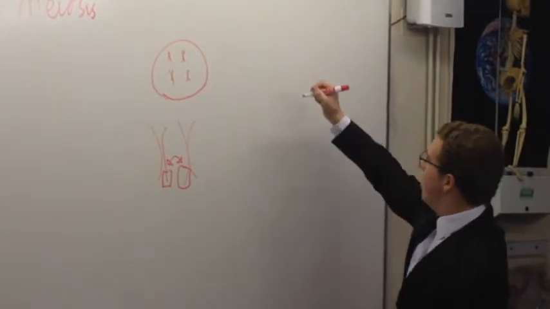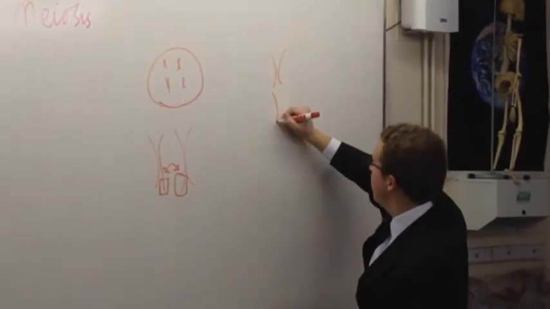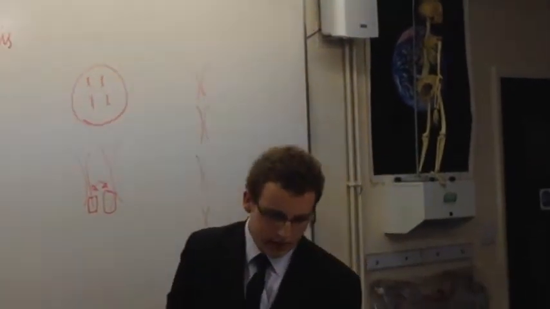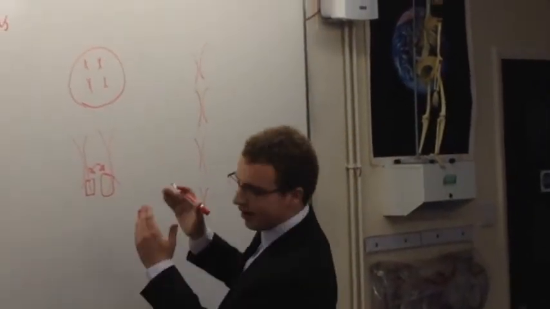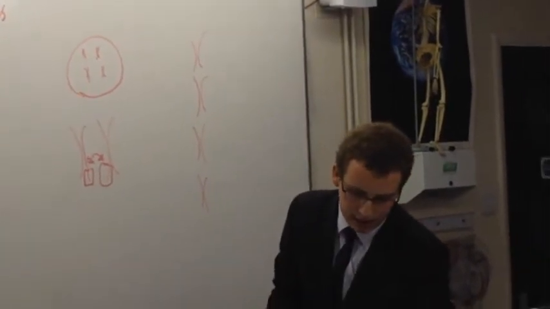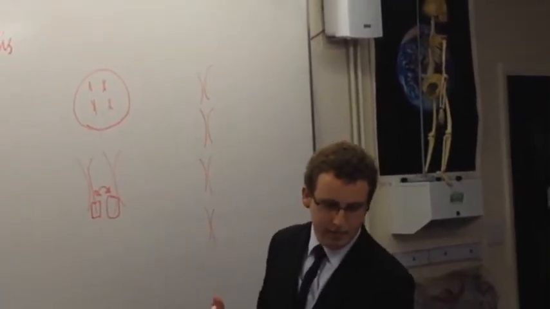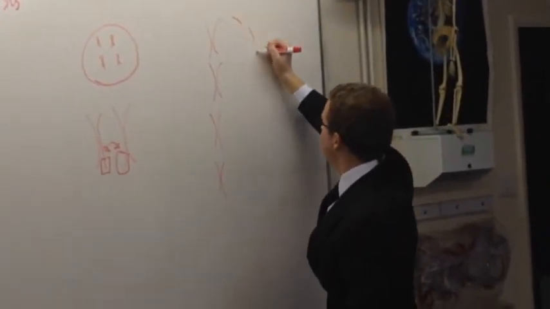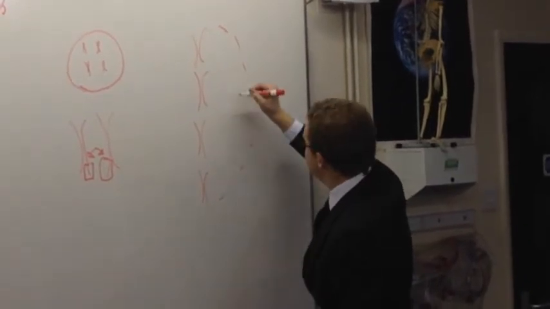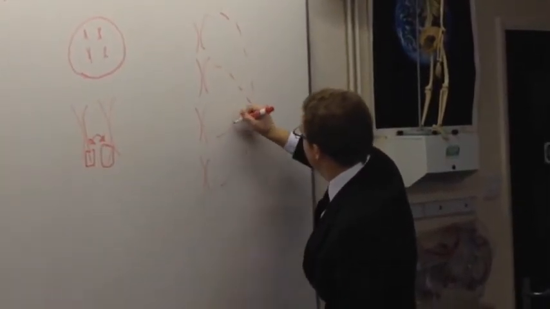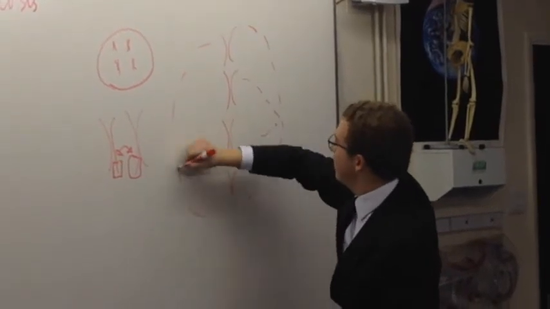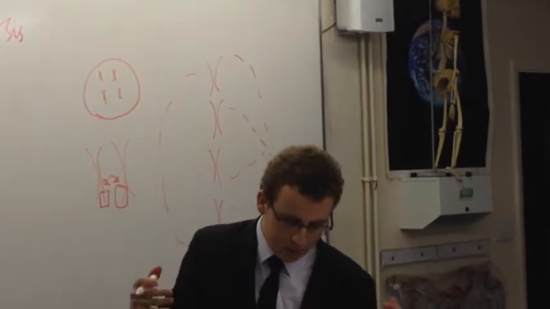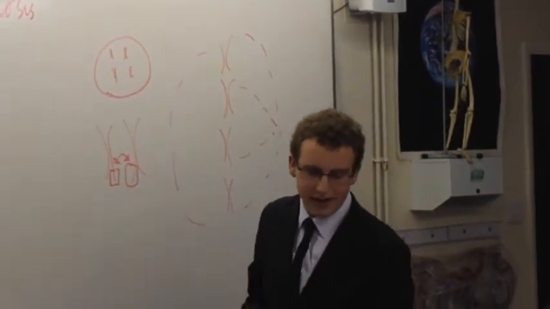The next stage is metaphase 1, where all of the chromosomes line up in a row and align in the middle of the cell, in the metaphase plate, as it's called, and then the spindle lines up on each side, getting ready to pull all of the cells apart, but not quite yet.